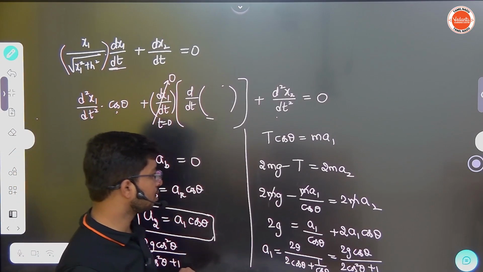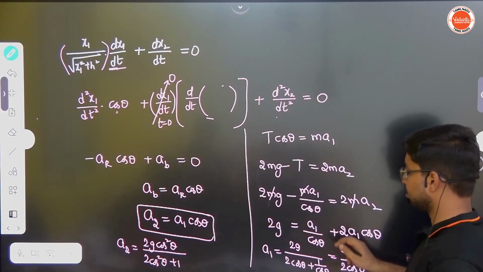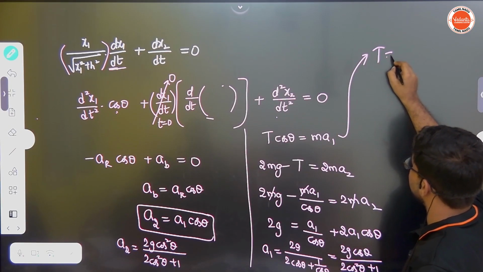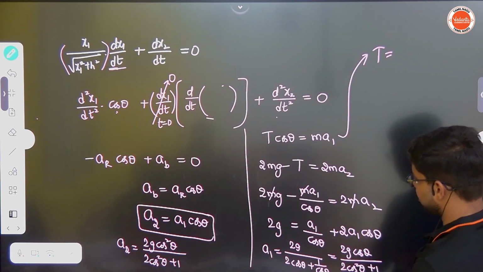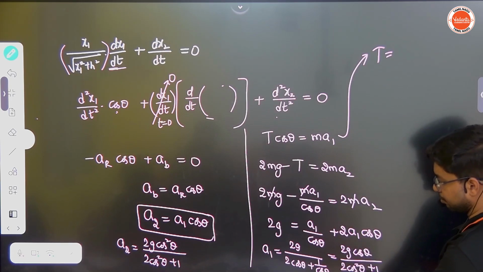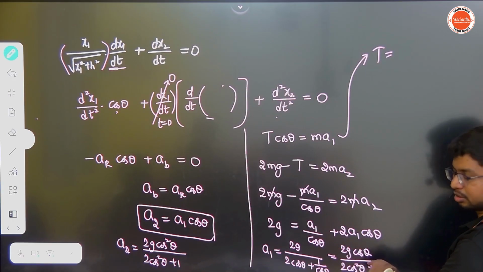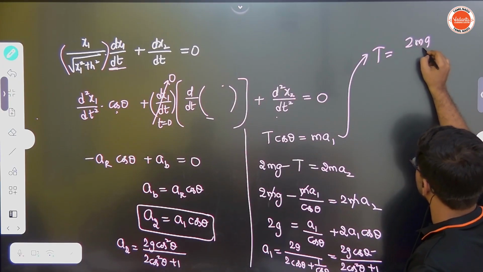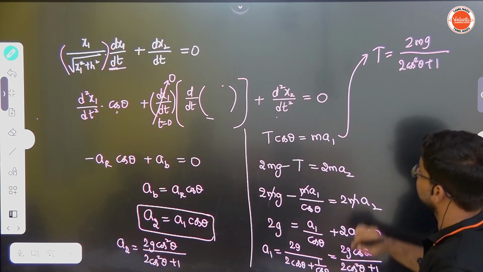Clear? Then how do you get the tension here? From this one, right? We have a1 value here. So tension T is equal to m a1. So you have to multiply this term with the m and divide with cos theta, right? This cos theta will go over here. So then you will get 2mg divided by 2 cos square theta plus 1.